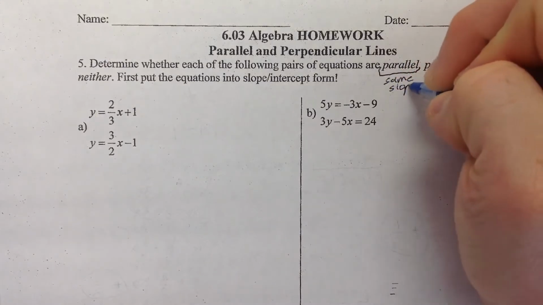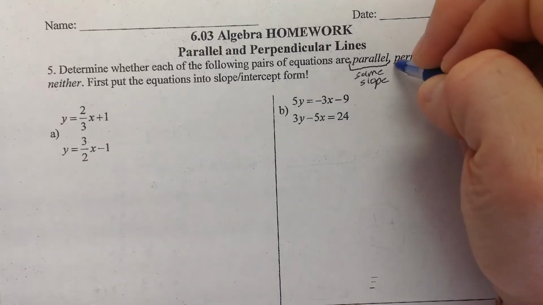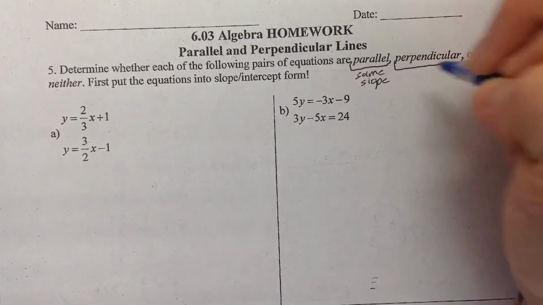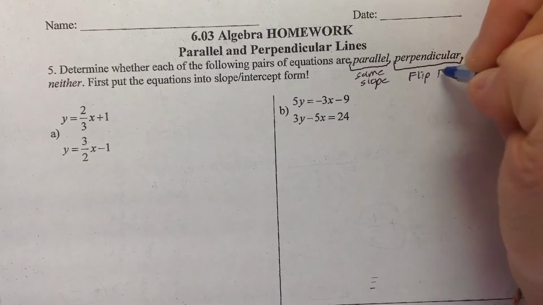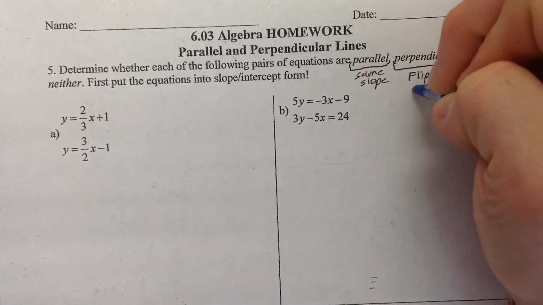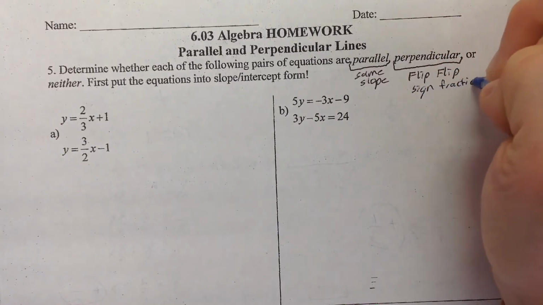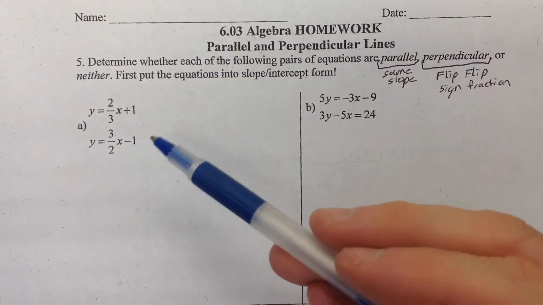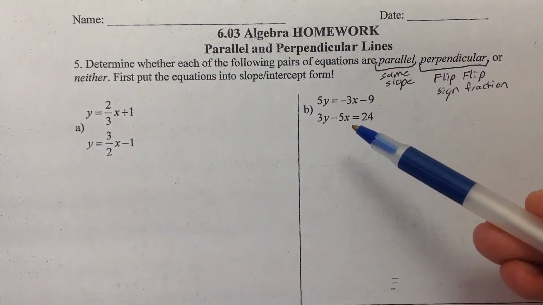So if we look at the two equations and they have the same slope, that tells us they're parallel. Perpendicular lines have flip-flip slopes, or negative reciprocals, which means we're flipping the sign and flipping the fraction. Or neither is just everything else. So if one of these two aren't true, then it's going to be neither.